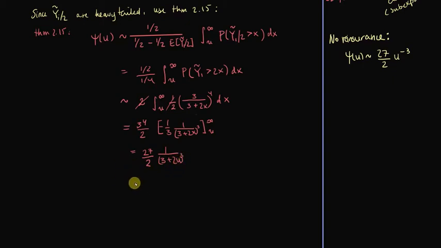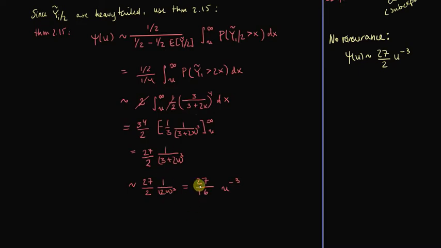And the thing that happens here now is, well, the 3 here is just a translation of something that's very large. So this is asymptotically equivalent to 27 halves multiplied by 1 over 2u to the 3rd. And this is then equal to 27 divided by 16 multiplied by u to the minus 3rd.